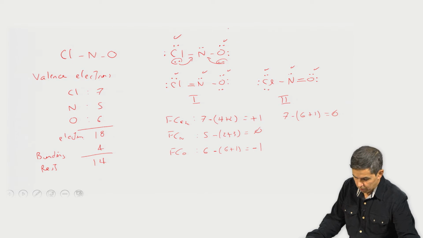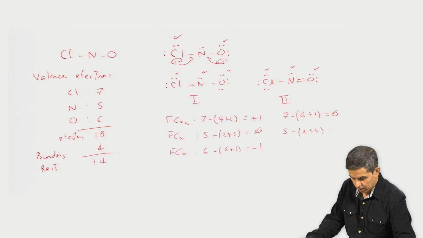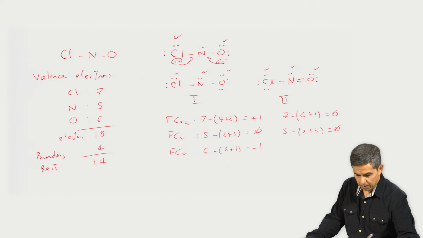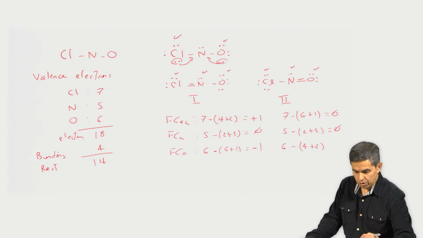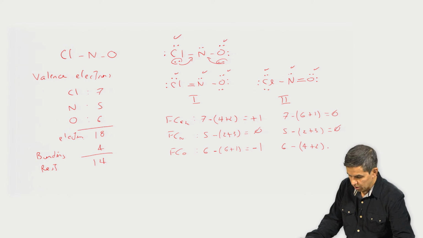For nitrogen, we have 5 valence electrons minus non-bonding, which is 2, minus 3 corresponding to the shared electrons. Gives a formal charge of 0. And lastly, for oxygen, we have 6 valence electrons minus 4 non-bonding electrons and 2 corresponding to the shared electrons in the bond, which gives a formal charge of 0.